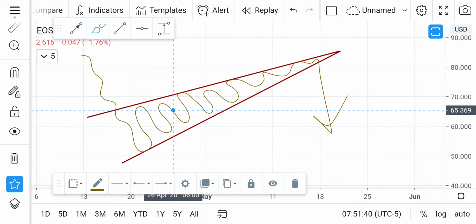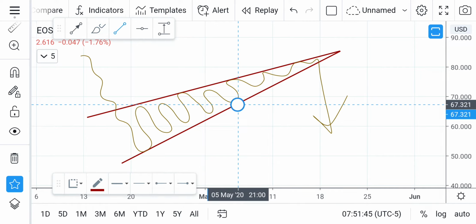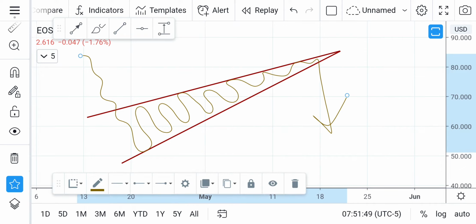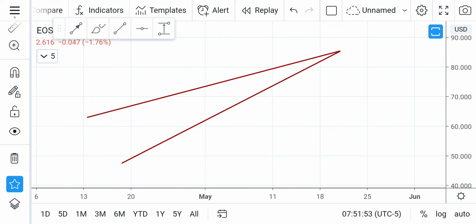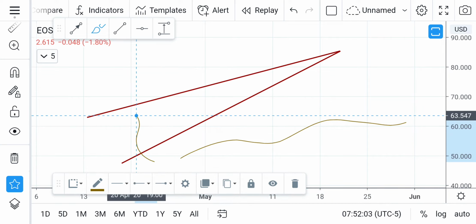So I'm going to explain it in another form. Let's say this is an uptrend. That means the price is above the 200 period moving average, and the price is moving like this through the channel.